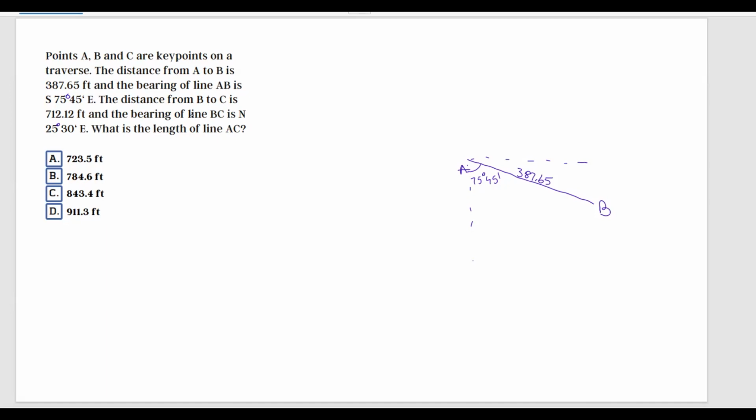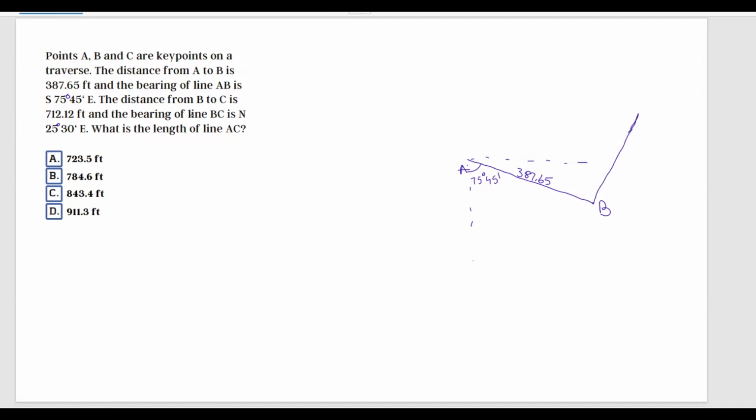Let's move to BC. We know the distance, and then the bearing is 25 degrees, 30 minutes east. Starting from B, we're gonna go northeast. So northeast places us in the first quadrant. We're gonna go northeast approximately 25 degrees. So I'm gonna do this.